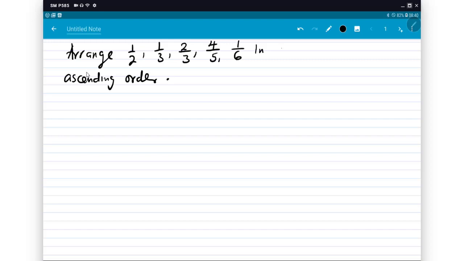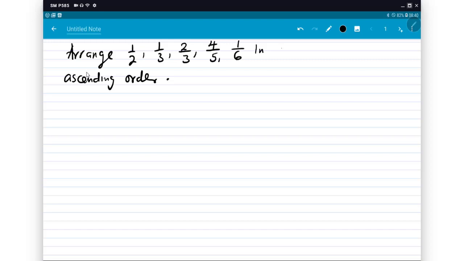Okay, arrange all these fractions in ascending order. Alright, so now as you can see here, you can decide to turn the fractions to decimals and then compare the decimals.